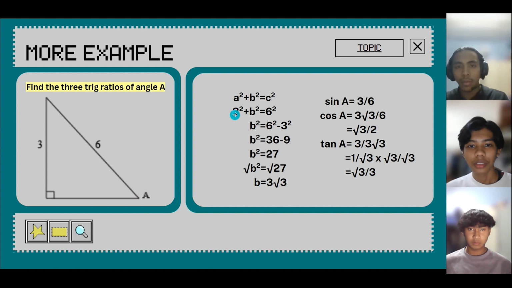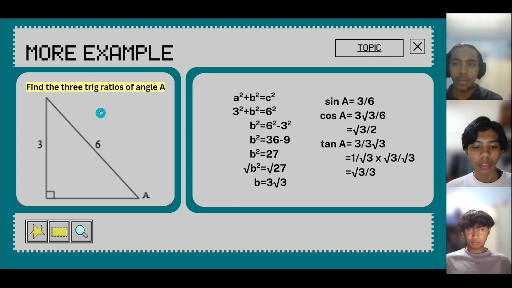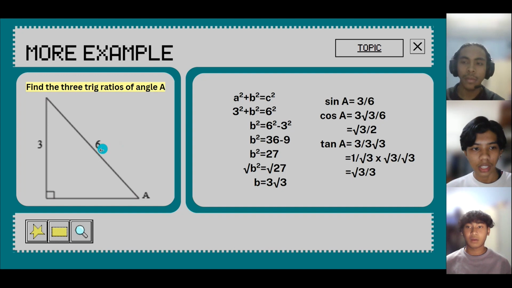So we're going to bring 3 squared to the other side. b squared equals c squared minus 3 squared. b squared equals 36 minus 9. b squared equals 27. Square root of b squared equals square root of 27. b equals 3 square root 3. That's our side adjacent to angle A. The opposite side is 3 and the hypotenuse is 6.